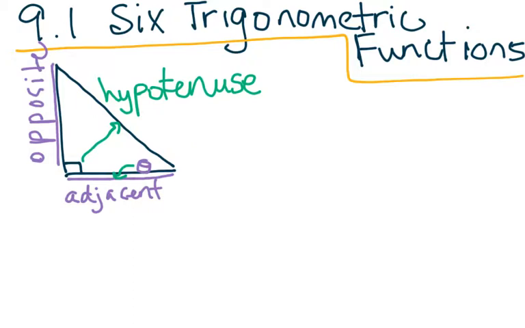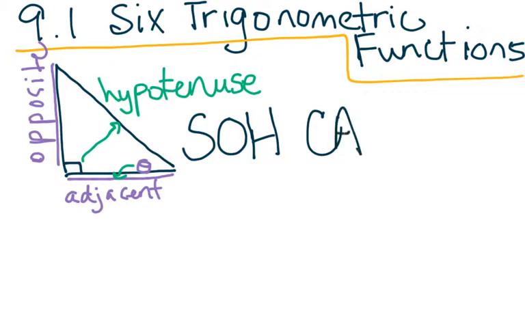Okay, the easiest way to remember this is with a little acronym, because you don't always want to write out all those words. You may hear this often: SOH CAH TOA.